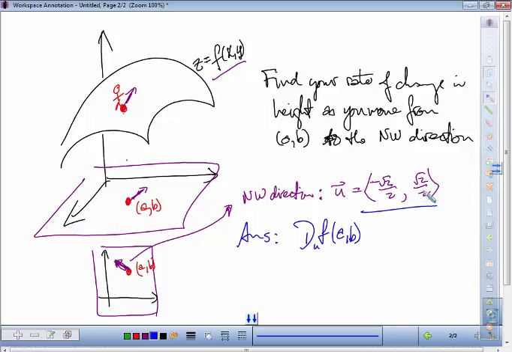But I think we should actually do an example where we're putting in actual functions and actual points and actual directions. Okay? So after we do our example, let's see if we can extend this idea to more dimensions, multiple dimensions, and see what they actually mean.